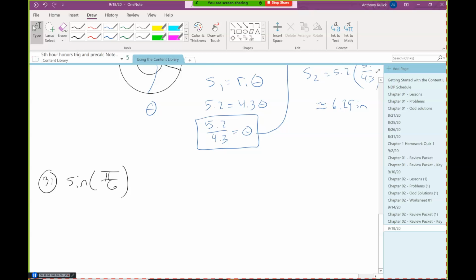So if we're asking to find an exact value, what that means is I'm either going to be using a 30, 60, 90 triangle or a 45, 45, 90 triangle, because there's no other angle measures I can find an exact value for, unless I'm given more information.